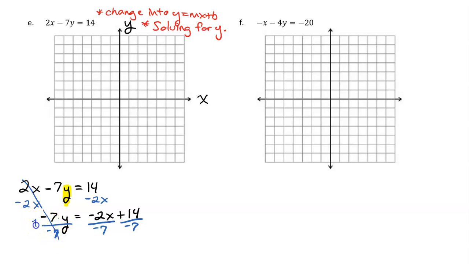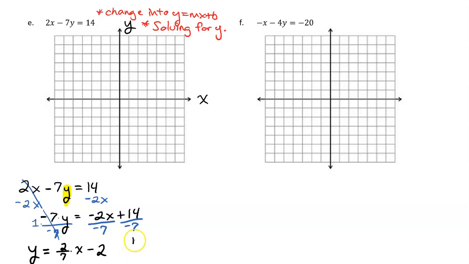On the left, this reduces down to a 1 times the y, so we have y is equal. And on the right, I'm going to have negative 2x divided by negative 7. Well, that's going to be positive 2/7 x. And then we have a plus 14 divided by negative 7. That gives me a negative 2.